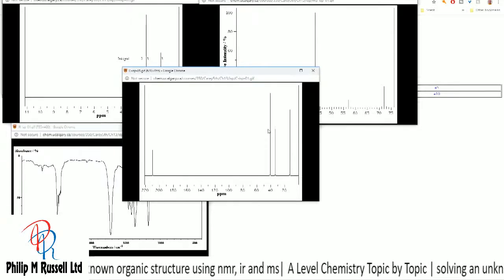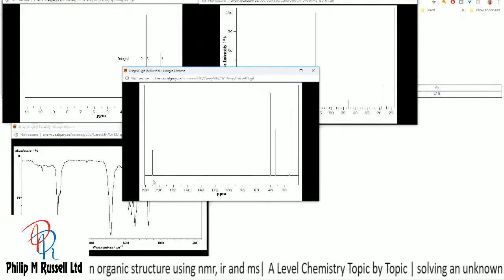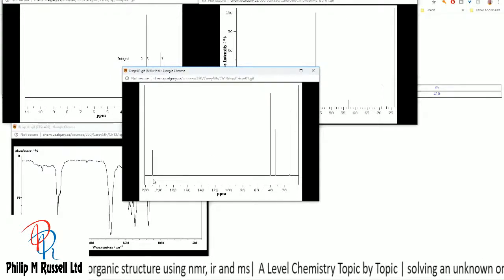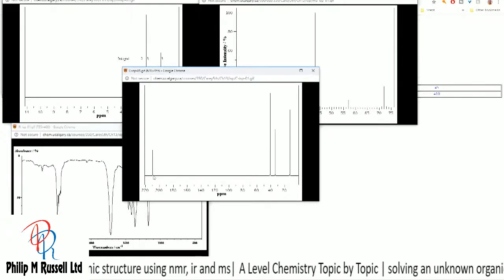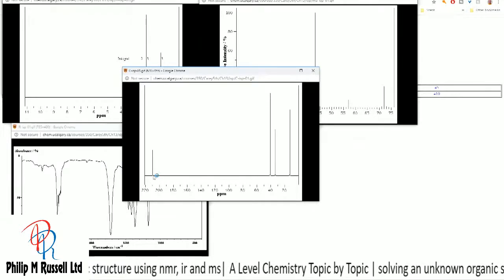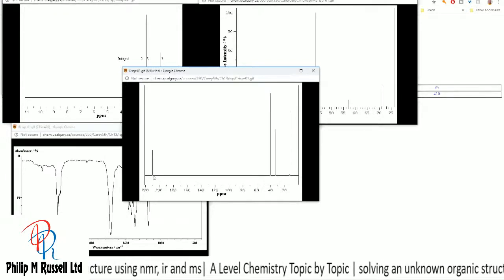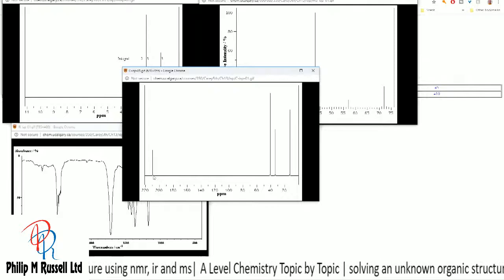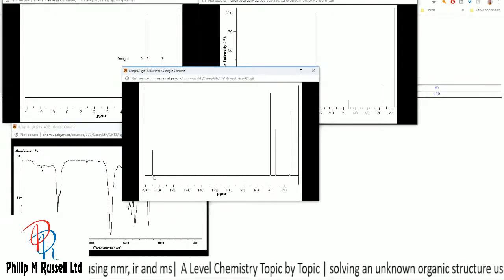Now, what might they be? Well, I've got one really way off here, up at about 210. And I know from looking at my carbon NMR that around 210 it actually means something to me.